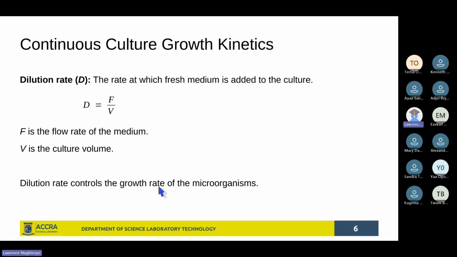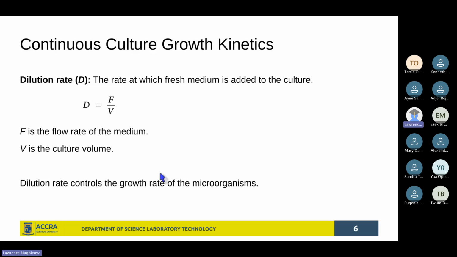And so we refer to what we call the dilution rate, which is the rate at which fresh medium is added to the culture. And it's a ratio of the flow rate. To say that maybe the medium is flowing at, say, 100 microliters per second, for instance.